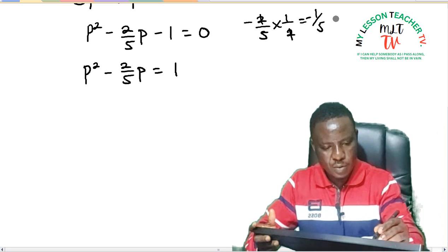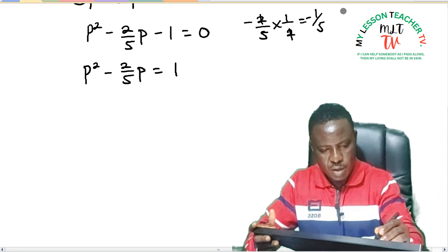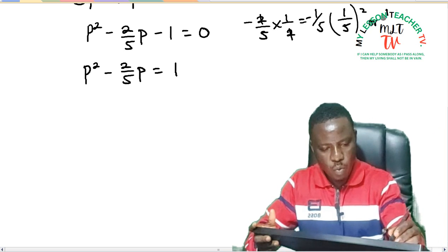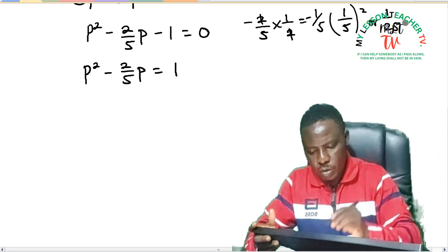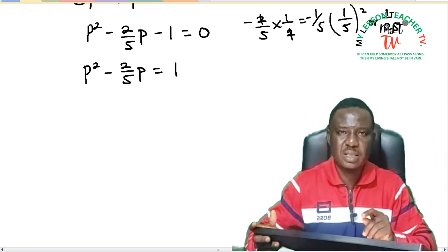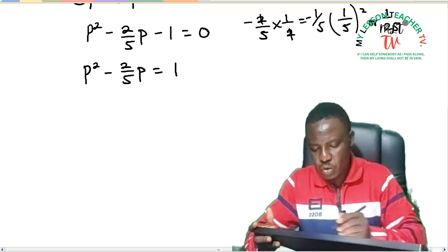Square it. When you square minus 1 over 5, you have plus 1 over 25. So you can leave it as 1 over 5 squared, or 1 over 25. Then add it to both sides to make it a perfect square.